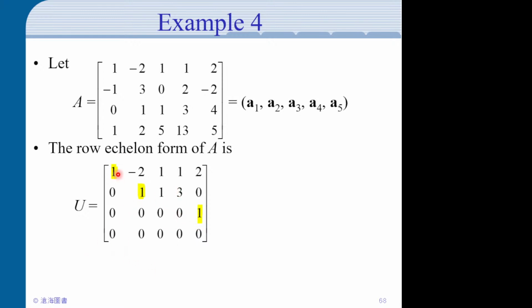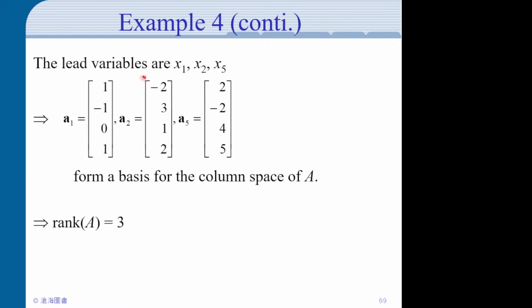And we skip the writing down of U, L and the A, L step, because we only need to know the location of the lead variables is 1, 2, 5. So we can pick out the first column, second column, and the fifth column of A, and we know it's a basis for the column space of A.